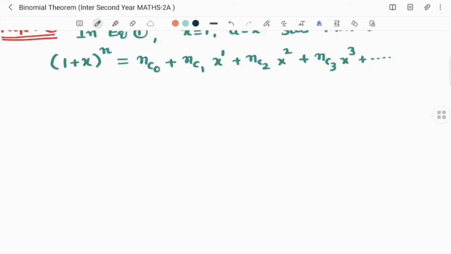So on, and the rth term, if you want to write it, nCr x power r, plus and so on, nth term nCn x power n. So this is about the 1 plus x whole power n expansion: 1 plus x whole power n is equal to nC0 plus nC1 x power 1 plus nC2 x power 2 plus nC3 x power 3 plus and so on.